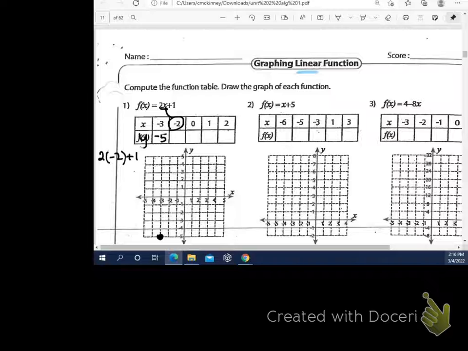It's substituting in for the x. We know that when a number is written right next to a variable that it means multiply. So 2 times -2, -4, -4 plus 1 is -3. Fill it in on my table. Now -2 for x, -3 for y.